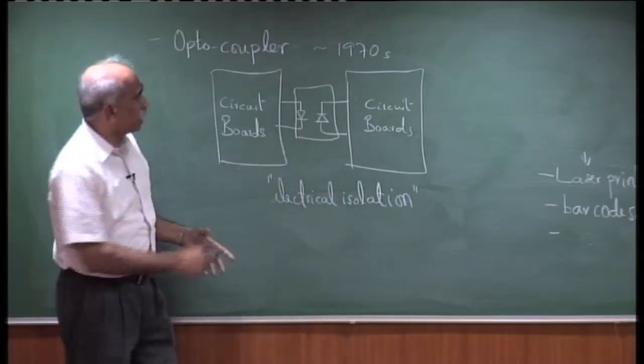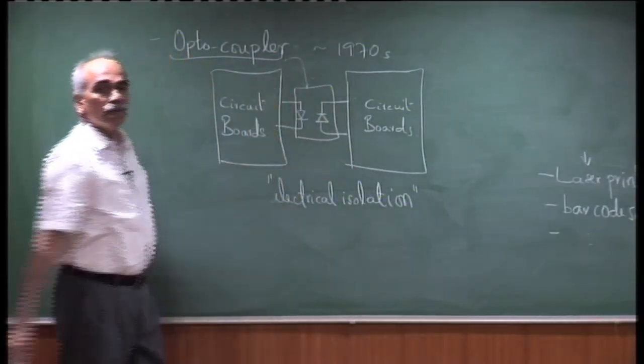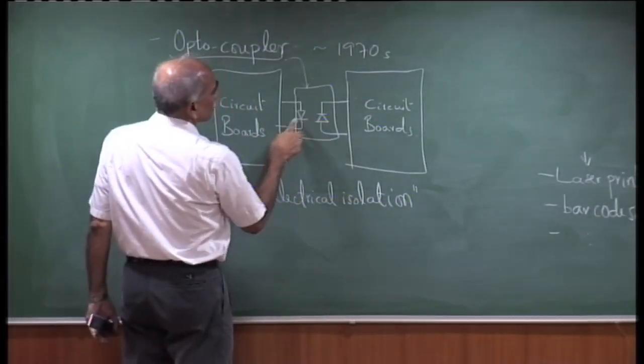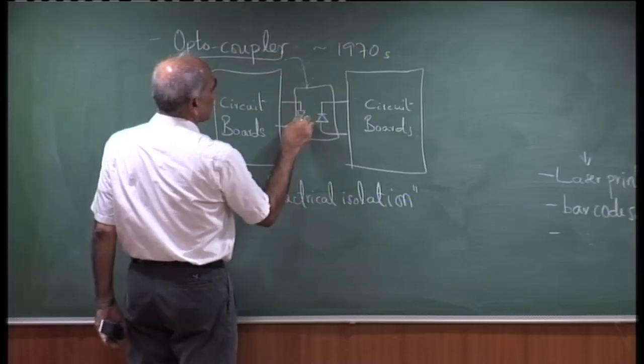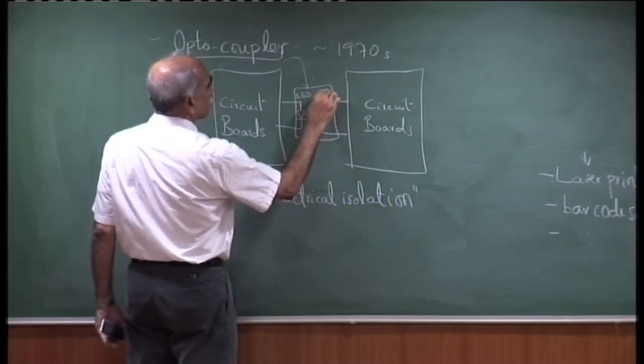One of the components which is used was the optocoupler. It was very easy because it was based on an LED and a photodetector. So this was an LED, light emitting diode, and this was a photodiode.